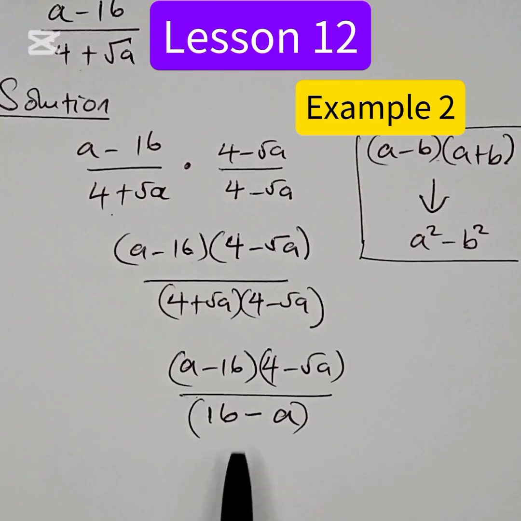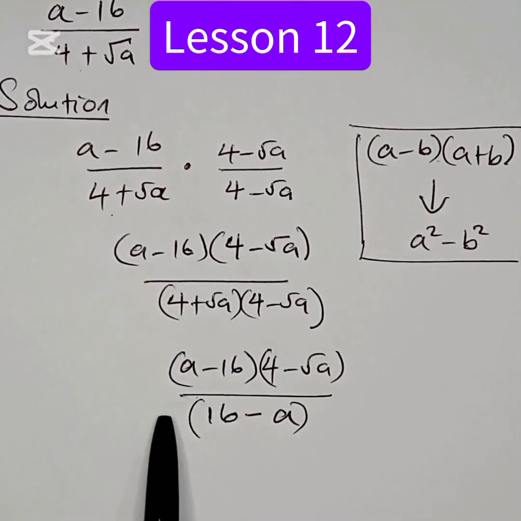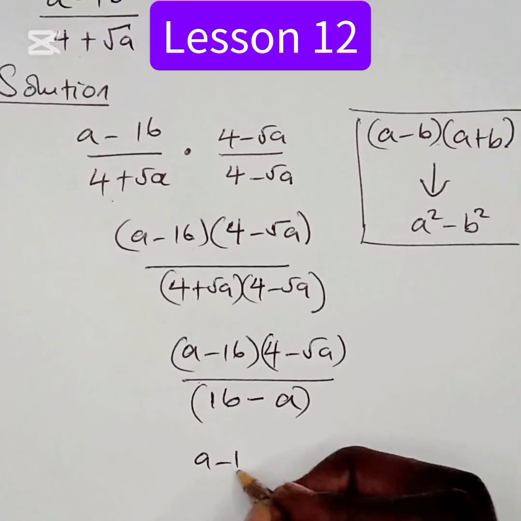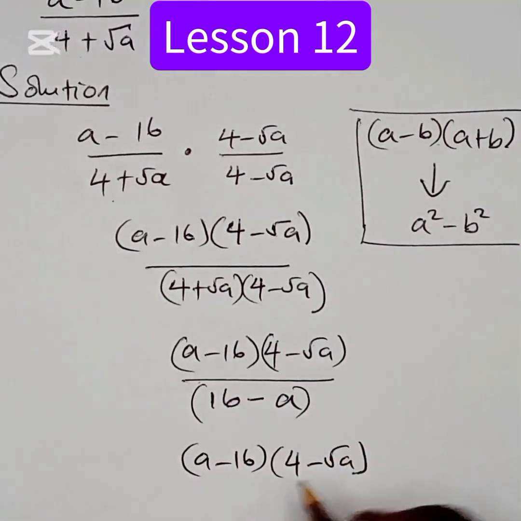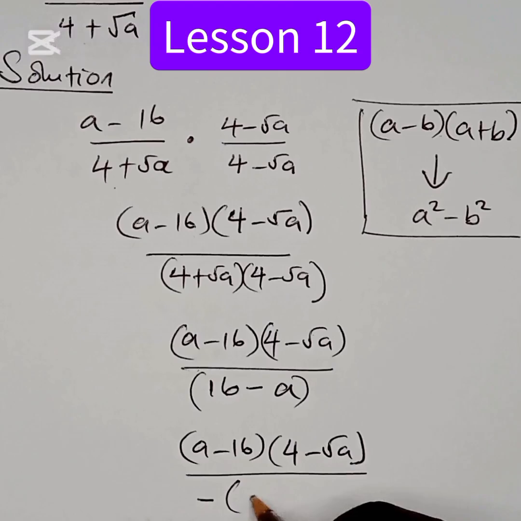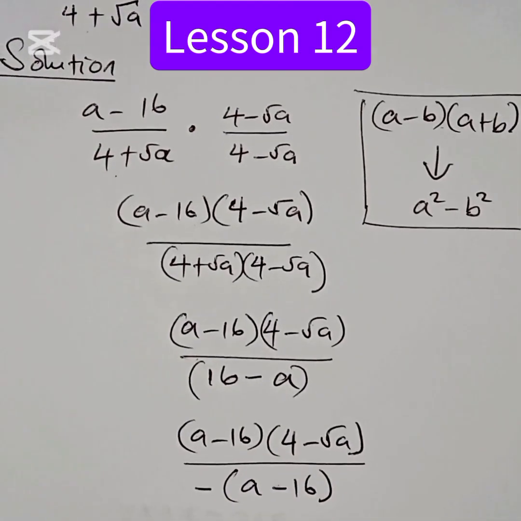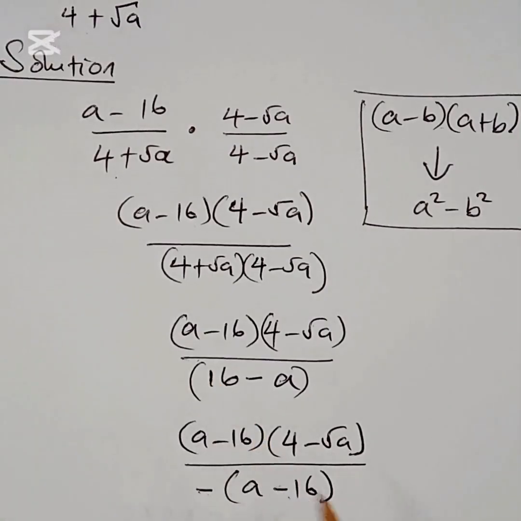Now we just need to change this so that it becomes similar to that. But to do that, we just put a negative sign. I'll just do it. We have a minus 16, 4 minus root a. Then we take a negative out there so that we have a minus 16. I haven't changed anything because I still have minus a on that, and I still have a positive 16 on that.